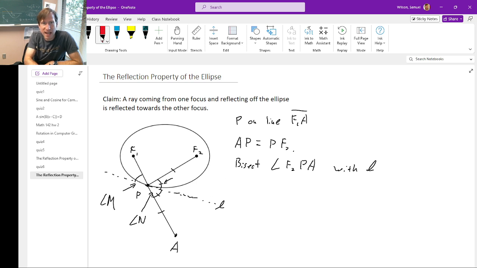So let's see. Take any other point on this line. Let's call that other point I. And let's ask, can I be on the ellipse?